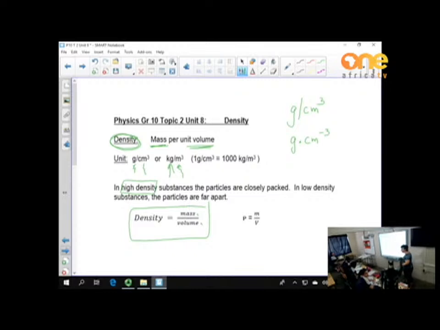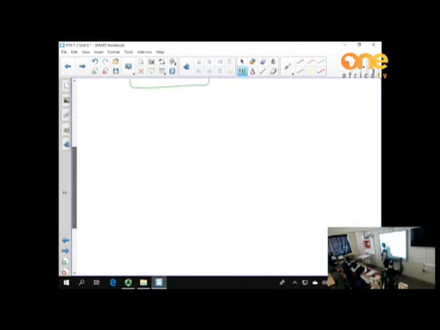Low density has fewer particles in the same volume. So, high density substances, the particles are very closely compact. If we have low density substances, the particles are further apart.